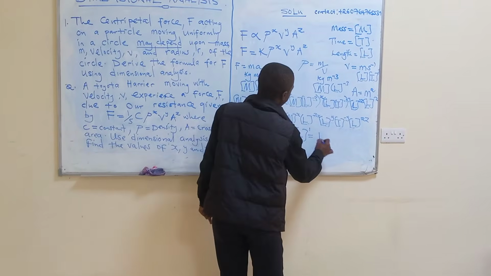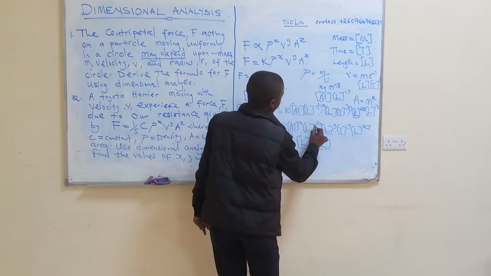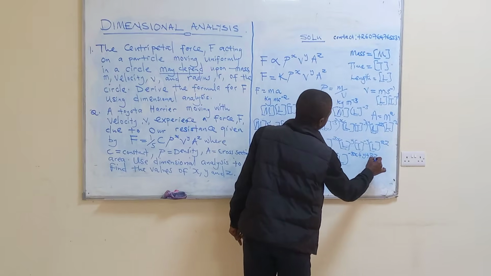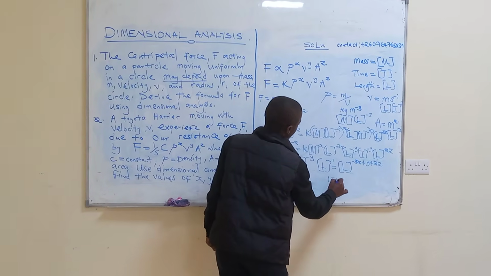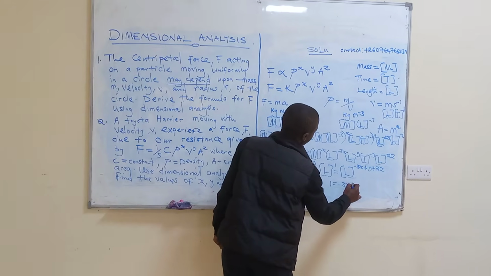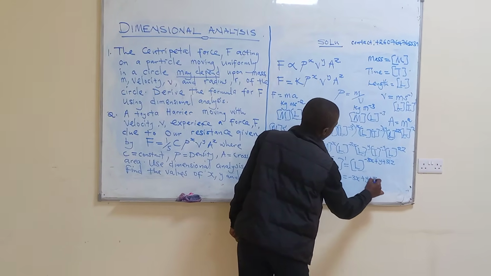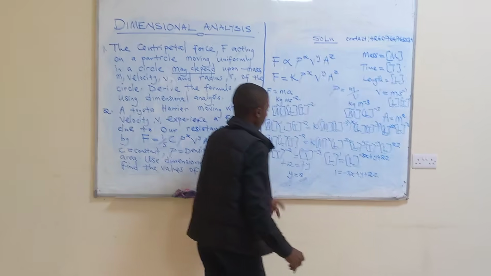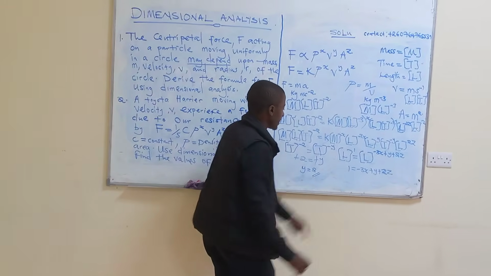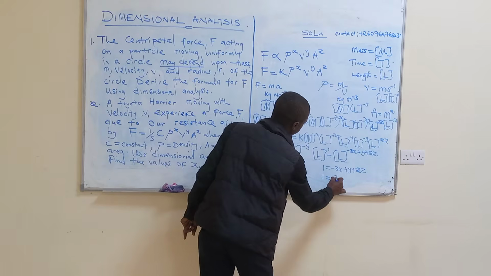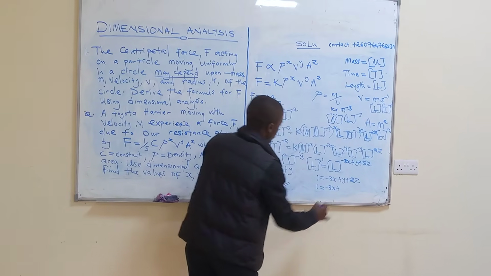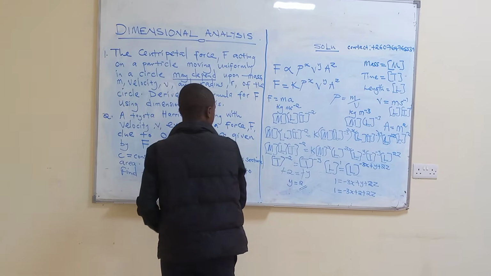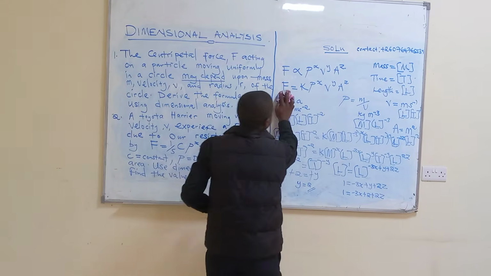So 1 is equal to negative 3x plus y plus 2z. So this is the equation that I should just keep. Or let me first substitute the value of y in that equation, which is 1 is equal to negative 3x plus 2 plus 2z.